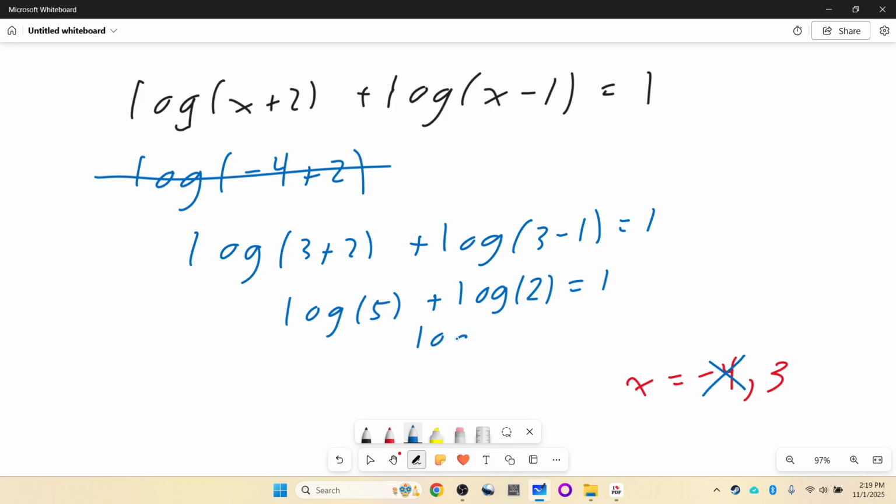Well, that's log 10, implied base 10, so that is a true statement. So 3 turns out to be the only solution. This could definitely happen on a test. I'd give you a problem and you'd get an extraneous solution. You have to go back and check to make sure that it works in the original equation.